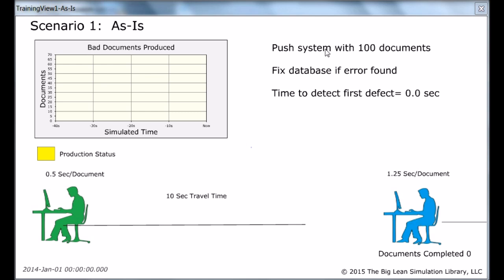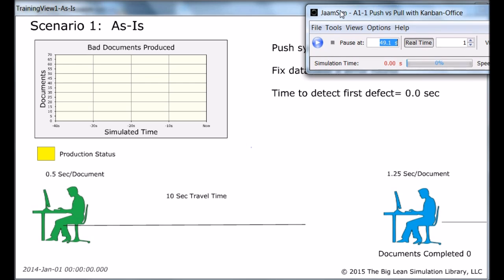So we're going to do a push system where he has a batch of 100 of these he's going to be doing, and as he's doing them, he's going to accidentally make a mistake, and he's going to point to an old version of the database after 30 documents, and he doesn't realize he did it, so he'll start producing documents that are bad. They're going to show as bad, but they're not going to realize it until the blue workstation discovers it. So let's go ahead and run this and see what it looks like.